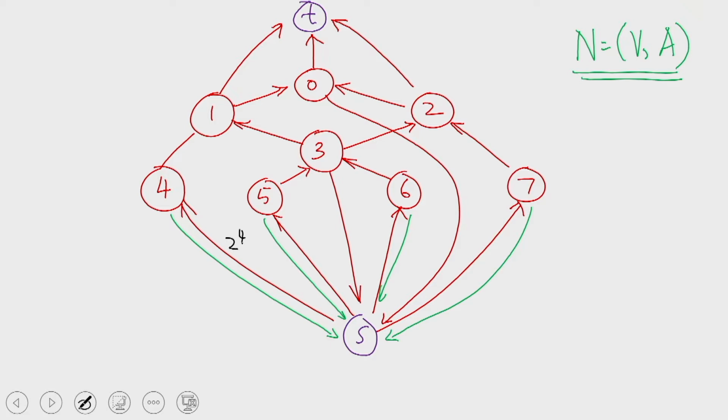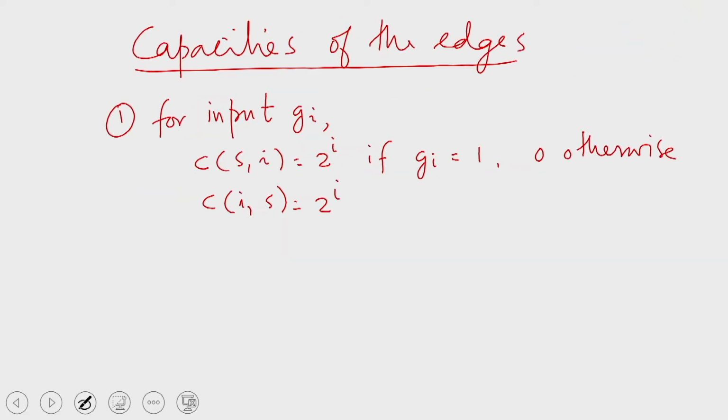That's because this node is numbered 4, and the capacity of the edge from S to 5 will be 2 power 5. The capacity of the edge from S to 6 will be 0. That's because 6 is an input 0, and the capacity of the edge from S to 7 is also going to be 0. And the backward capacities are all going to be 2 power 4, 2 power 5, 2 power 6 and 2 power 7 respectively. So that is what we have said.